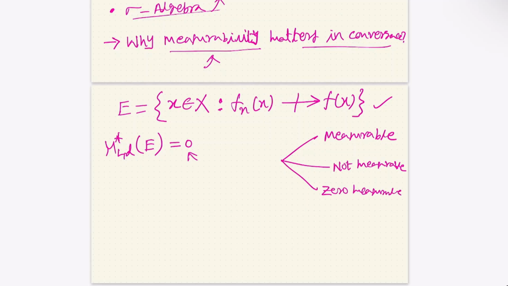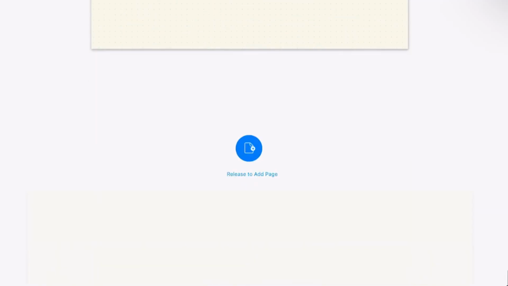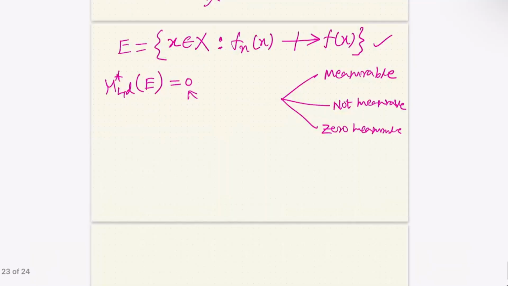Zero measure is of course measurable; if you are able to measure it, only then can you say measure zero. So can you give some example which gives measure zero, so that it helps you understand what measure zero sets are?